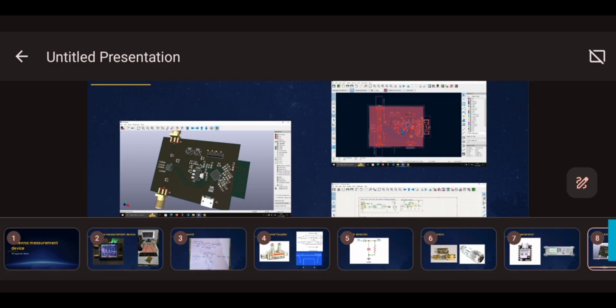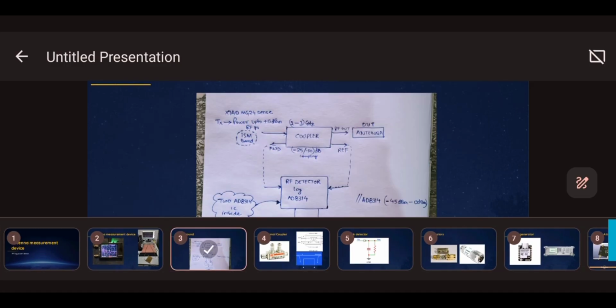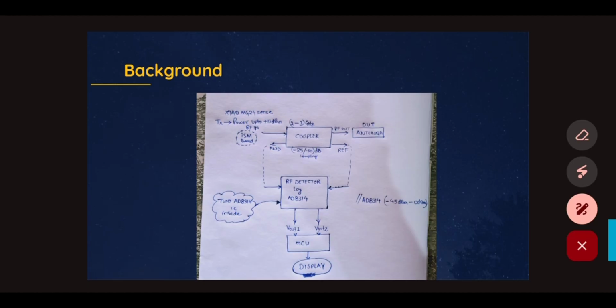So this is the idea. Now I will be feeding the 2.45 gigahertz to this coupler from this Xiao MG24 Sense or any microcontroller that deals with 2.45 gigahertz. The important thing is to check what power that UFL port is providing.